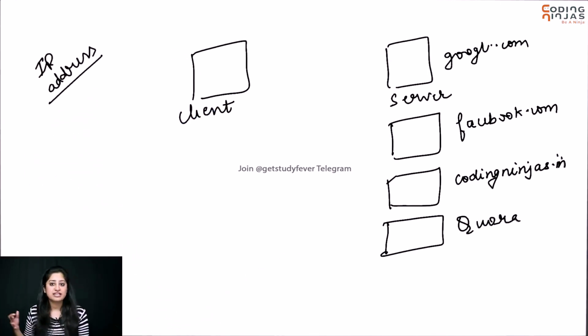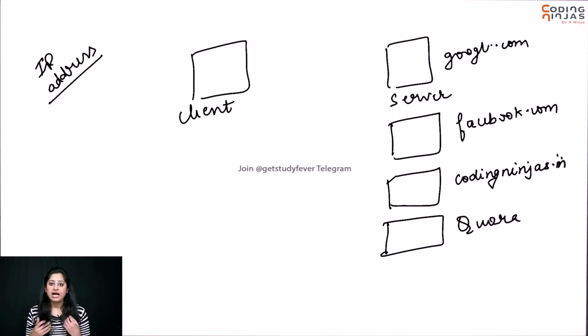All the devices connected to the internet have a unique identifier or unique address, that is the IP address. So if you want to connect to a device, you should know the IP address. But we generally don't type in the IP address. If I want to contact the Google server, all I'll do is type google.com.